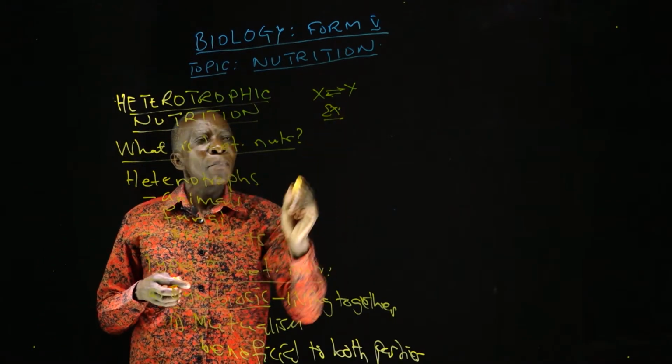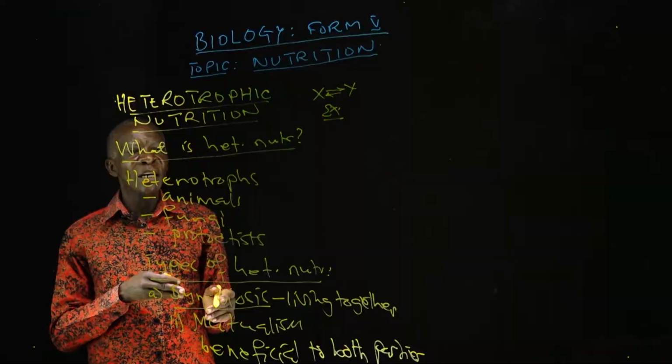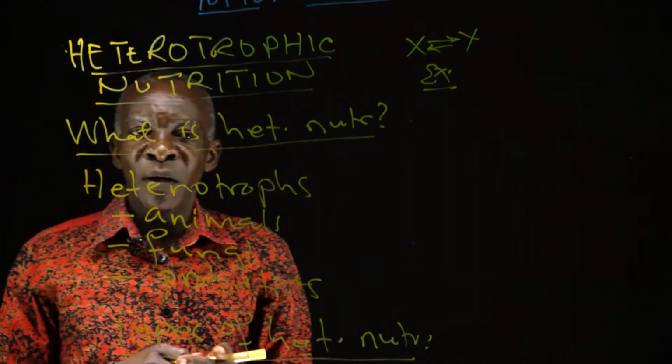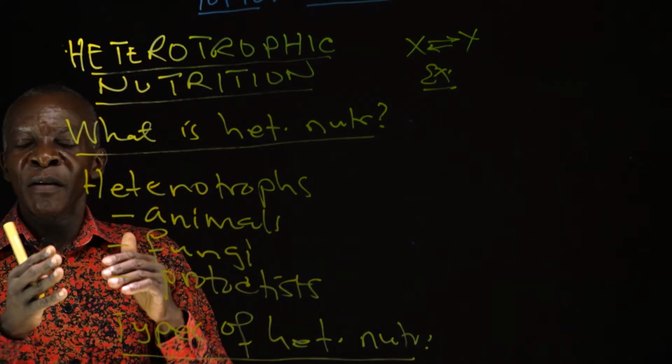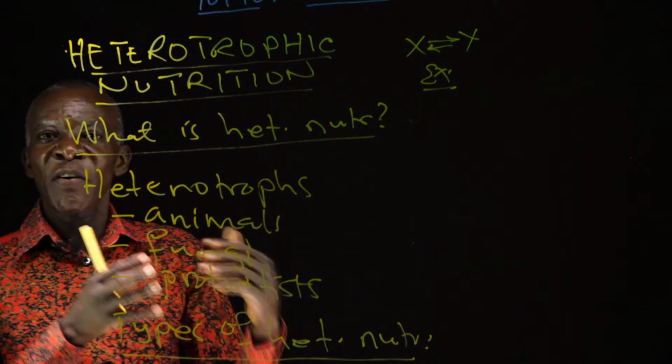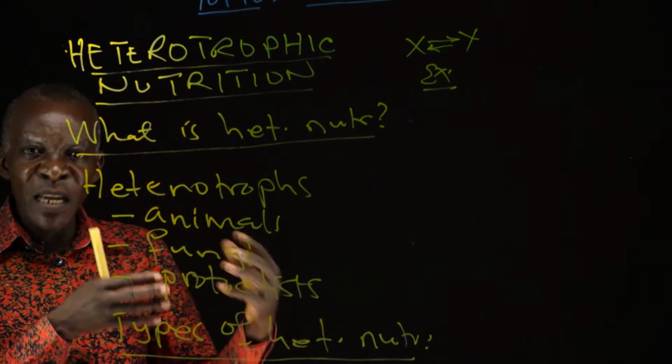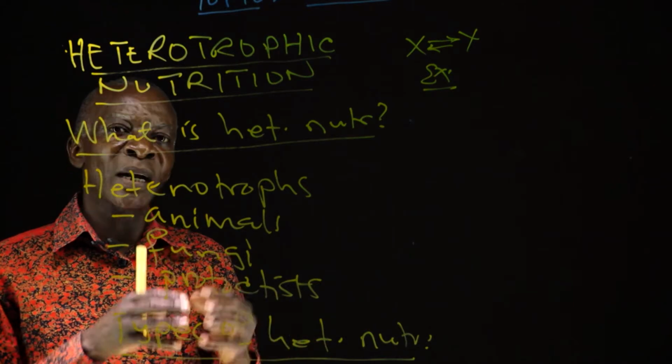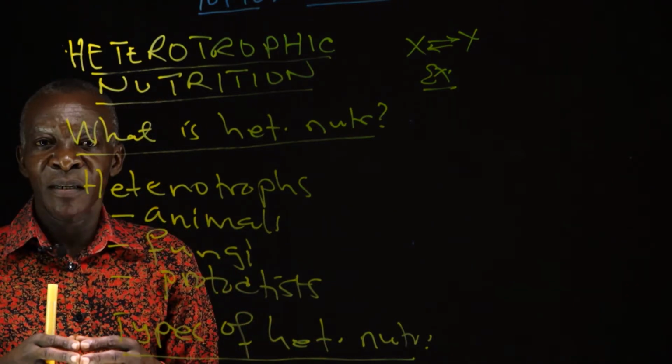An example of such a symbiotic relationship, we have the bacteria and some fungi or protozoans that live in the stomach-alimentary canal of the ruminants.